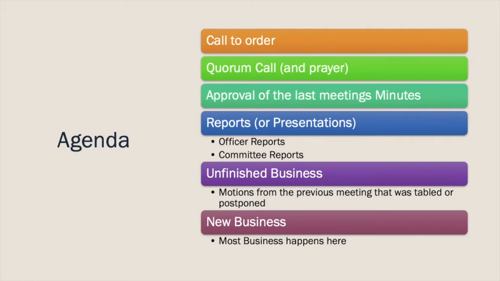When minutes aren't taken seriously, there can be disputes, even just hours or days after a meeting, as far as what happened, what was the exact wording of a motion that was just approved, what did actually happen at that meeting.